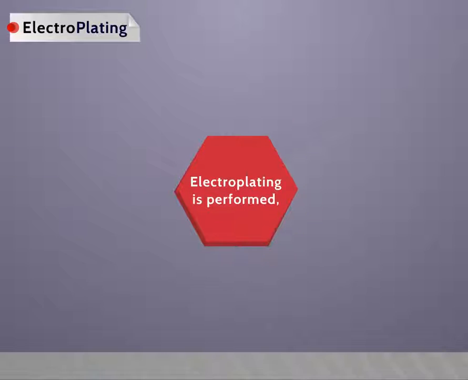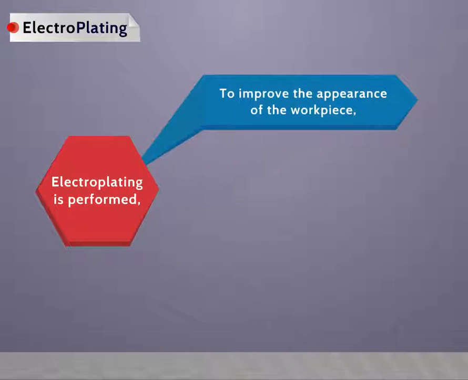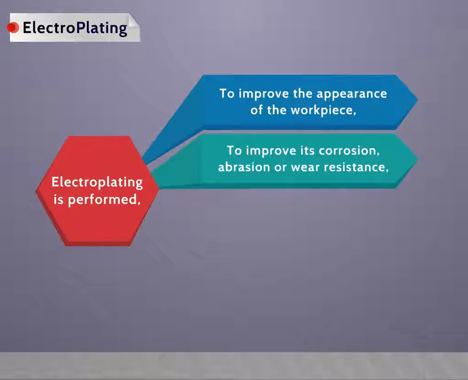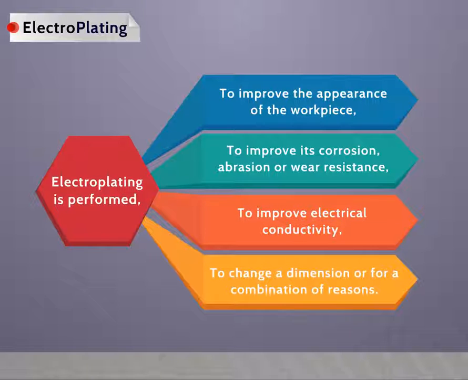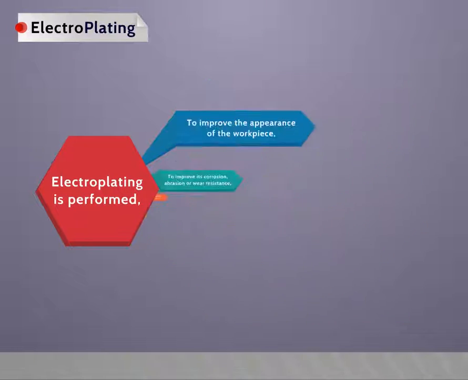Electroplating is performed to improve the appearance of the workpiece, to improve its corrosion, abrasion, or wear resistance, to improve electrical conductivity, to change a dimension, or for a combination of reasons.